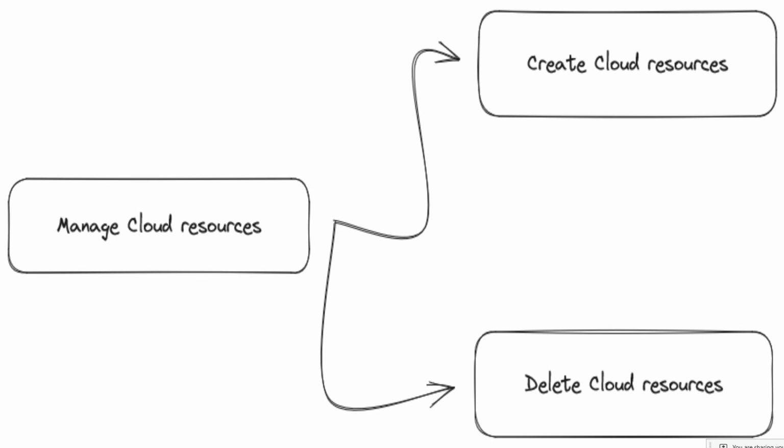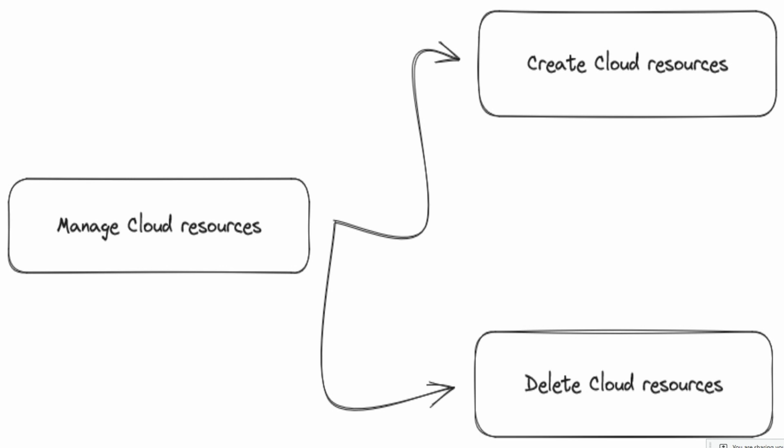Now, that being said, I decided to bring a topic that is extremely important and at the same time extremely easy, which is managing cloud resources. This is something that's extremely important, extremely wanted by companies. So we're going to learn a new tool and we're also going to use ChatGPT.